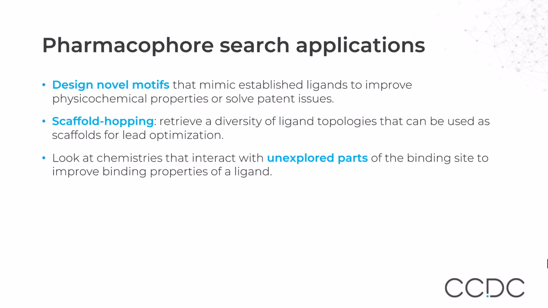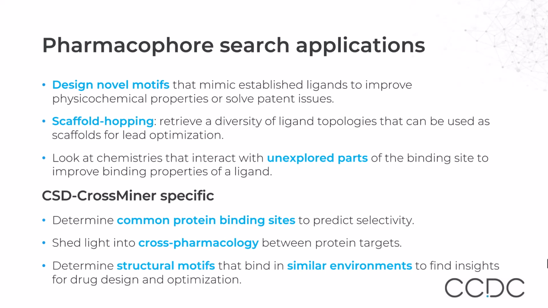And of course, you can use pharmacophore search to interact with unexplored parts of the binding site and to help improve binding properties of a ligand. If we are looking more specifically at CSD CrossMiner, it can help you to determine common protein binding sites to predict selectivity and off-target effects.